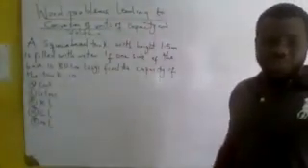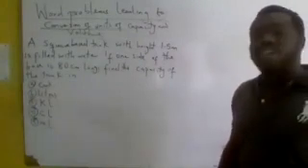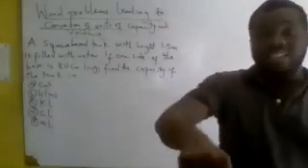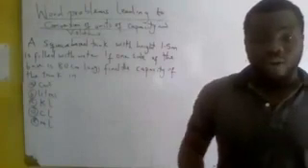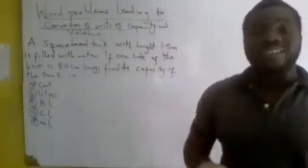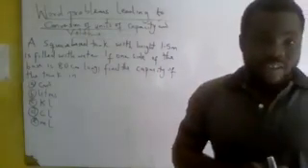So now let's take a look at the question again. They said a square base tank. So that tells you that the length and the breadth of the tank are the same. Are you following me?